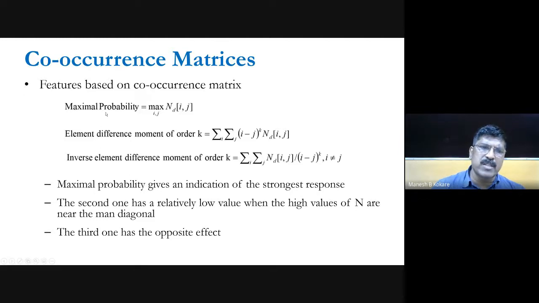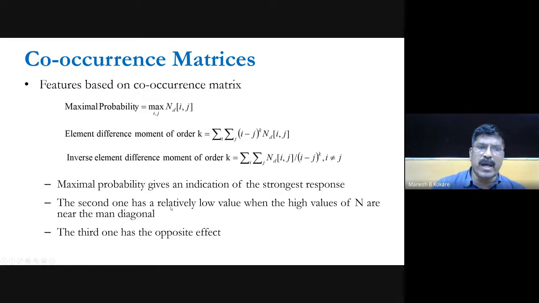Also, this maximum probability gives an indication of the strongest response. Where you get the strongest response means where you find a relation, for example 0 1, occurring several times, so that gives the maximum probability. That indicates there is a strongest response of relation 0 1 or 1 0 or 0 2, 2 2 and so on, the way we have studied.